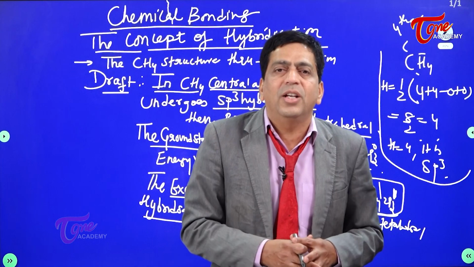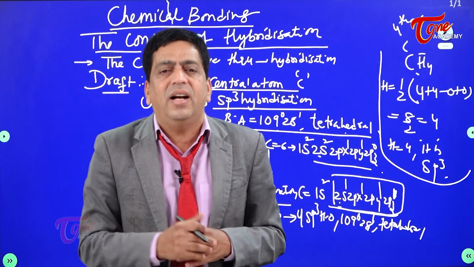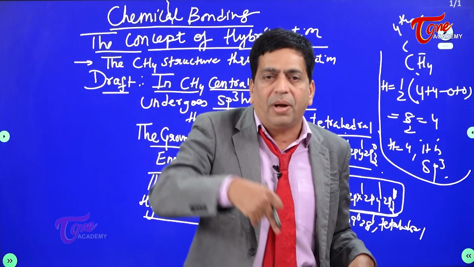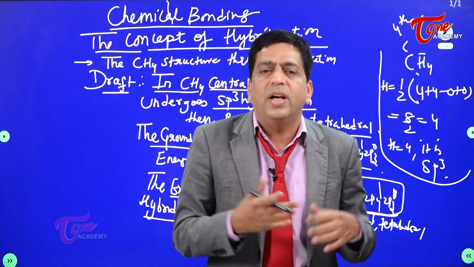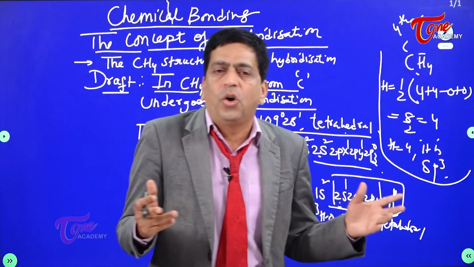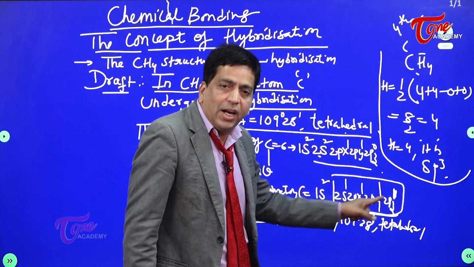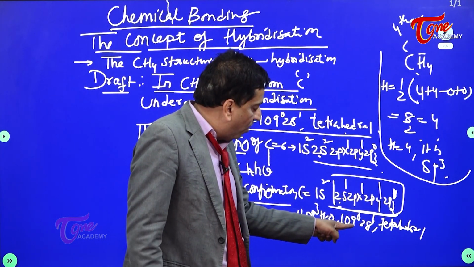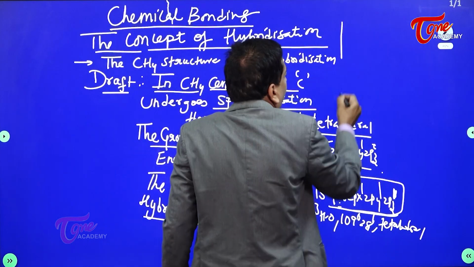Then for getting ready, I should be sitting in a position. When the hydrogen approaches, I can't ask the hydrogen to come like this, come like that, come perpendicular, come acute, come obtuse. These things won't work. So I should be ready, right? So I intermix all these 1s and 3p's and get ready by sitting at a bond angle of 109 degrees 28 minutes and the shape is tetrahedral, which I'm writing now.